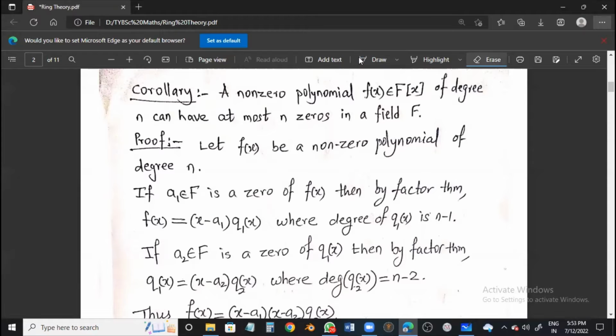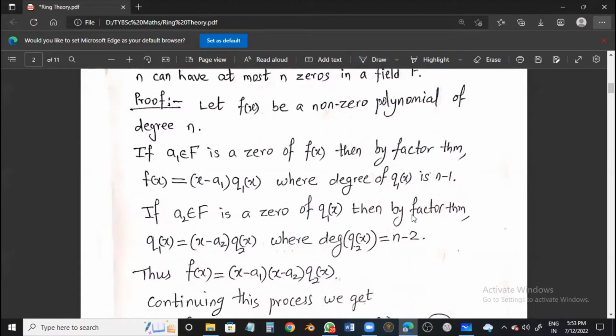Now, what will happen after this? I will be able to write f of x as x minus a1 into q1 of x, and degree of q1 of x is n minus 1. Again, I move ahead. Suppose a2 is also a 0 of q1 of x and a2 is other than a1. I forgot to write that here. a2 is distinct from a1.